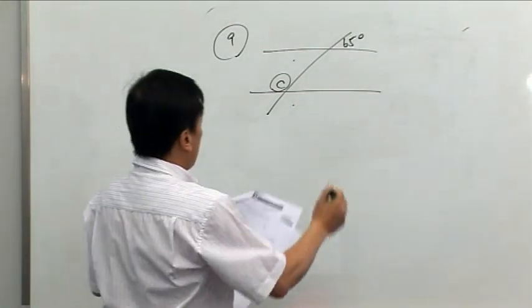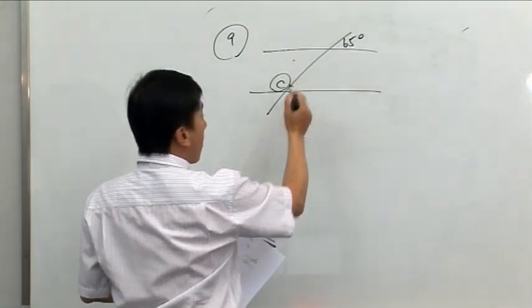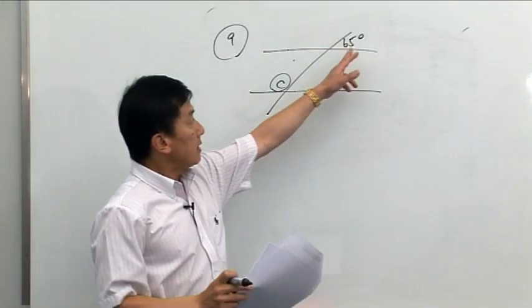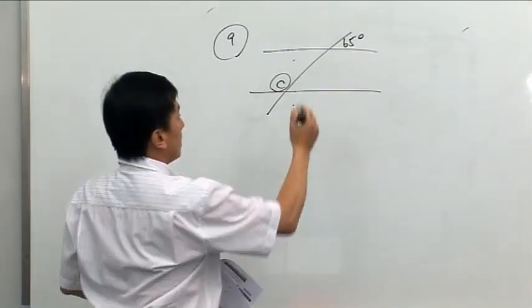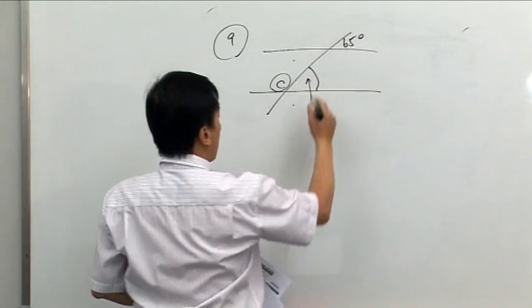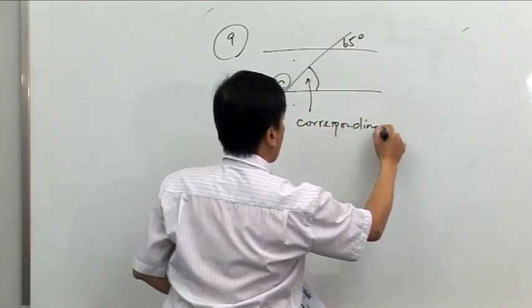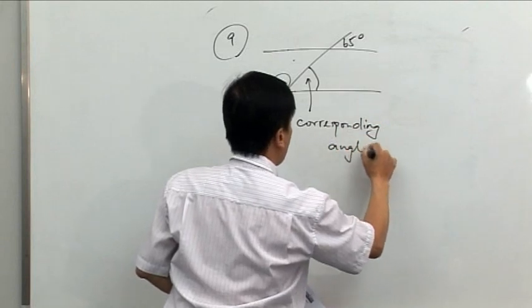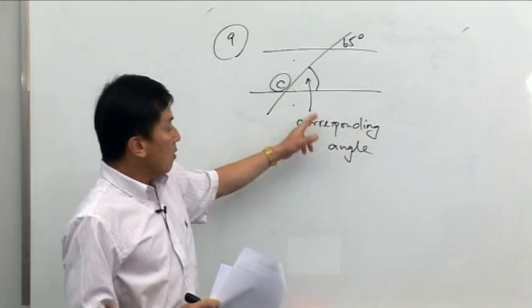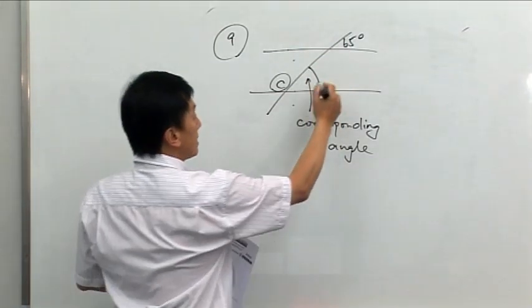Assuming that these two lines are parallel to one another, if this angle is 65 degrees, this angle here is what we call the corresponding angle. That is the corresponding angle to that, so that's also 65 degrees.